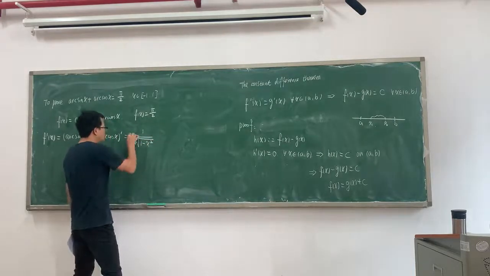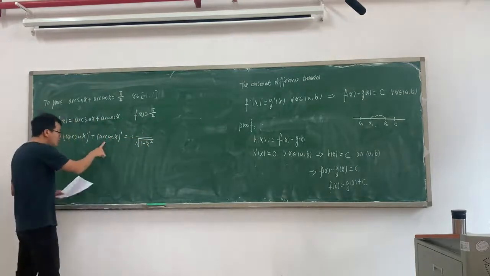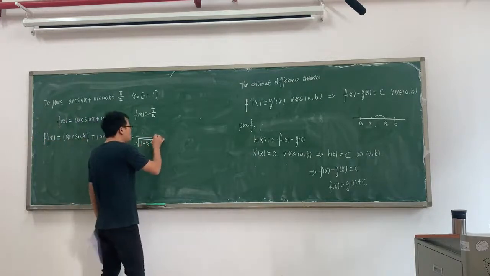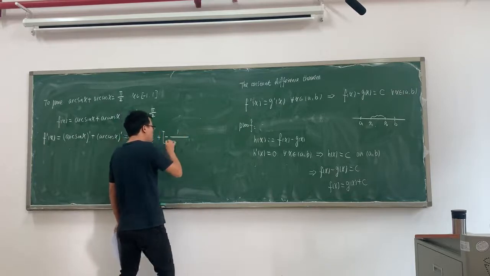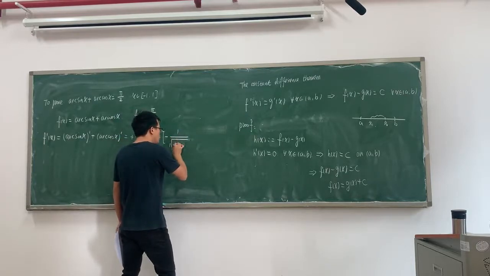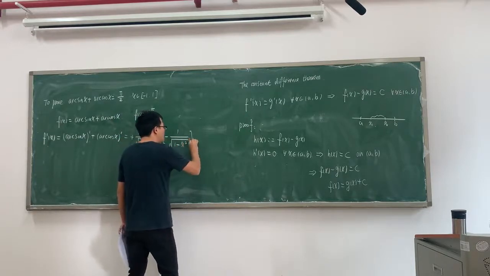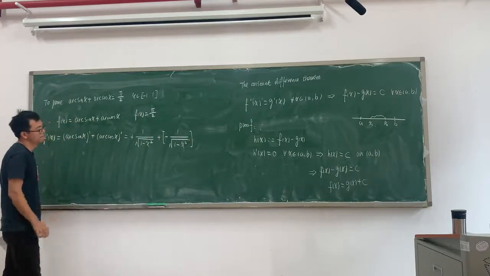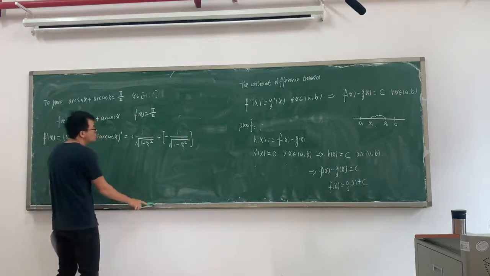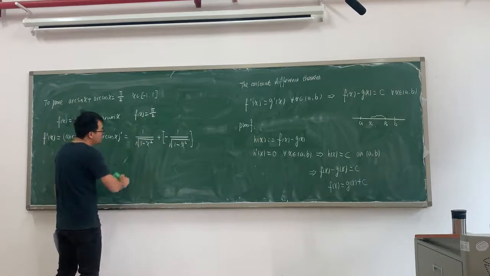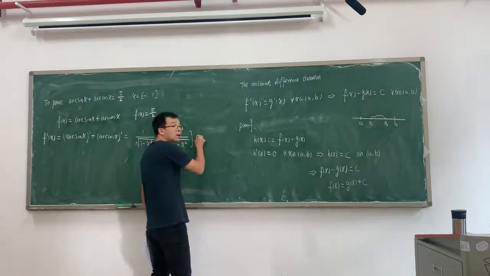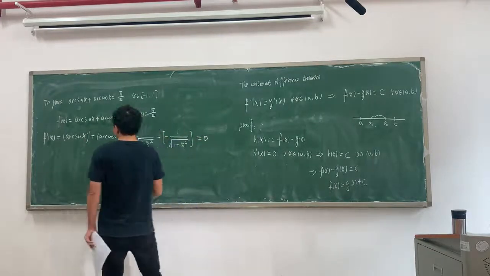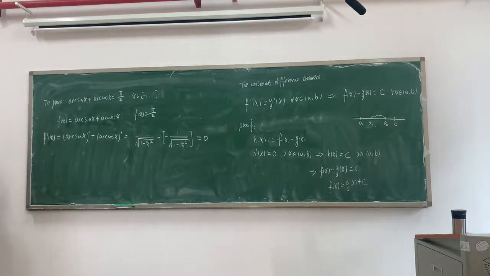Arccos prime is minus 1 by the square root of 1 minus x squared. Yeah? So now we can see here is plus, here is minus, they are the same. So equal to 0, so f prime equal to 0.